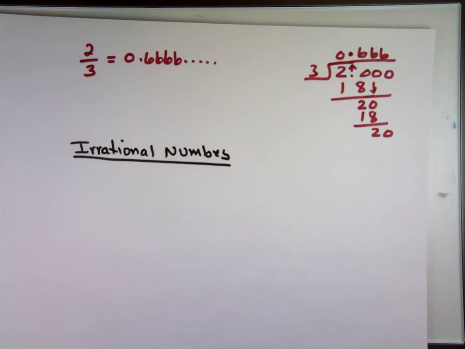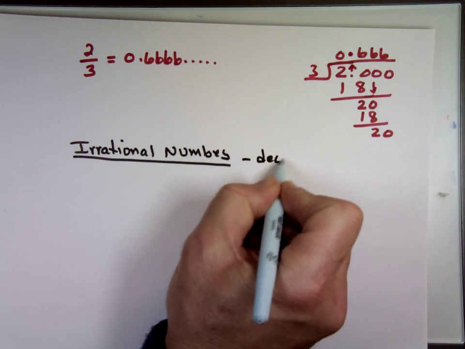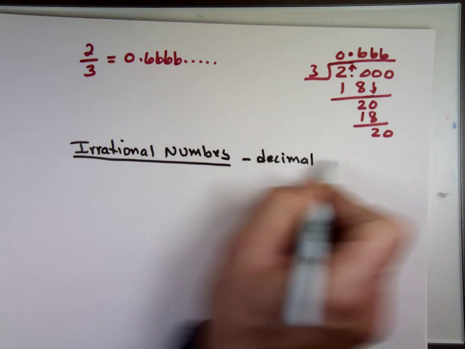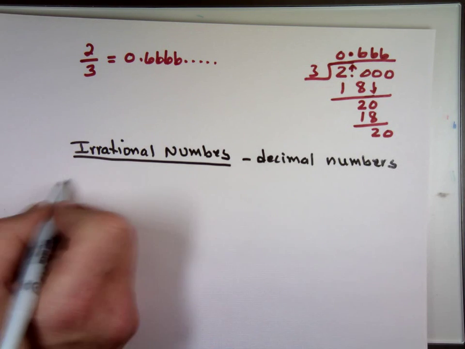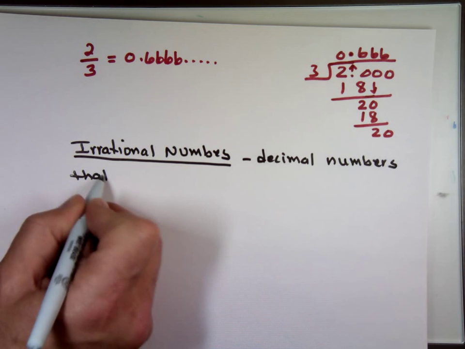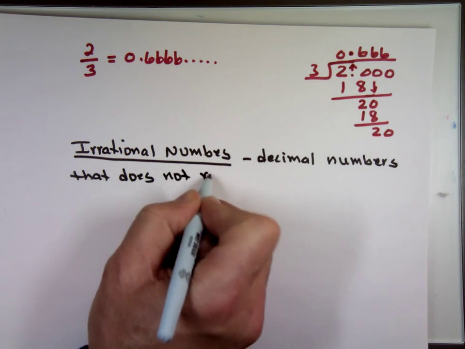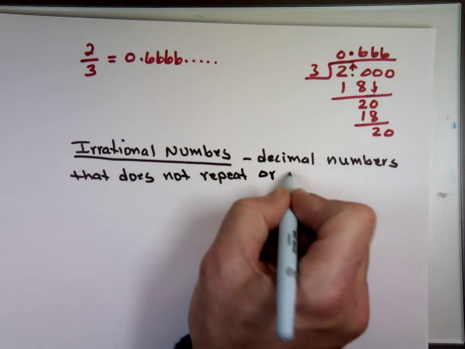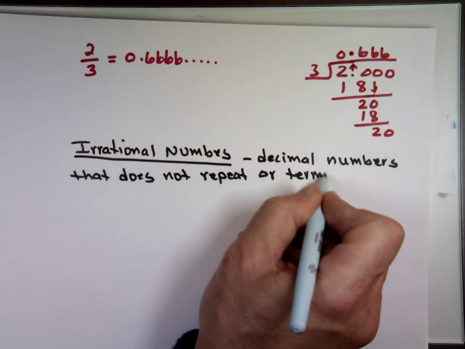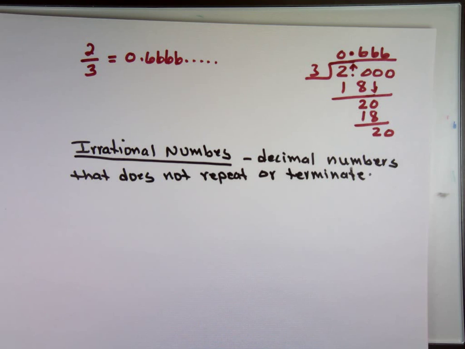Irrational numbers are any decimal numbers that do not repeat or terminate. It has no end in sight. An example, pi.